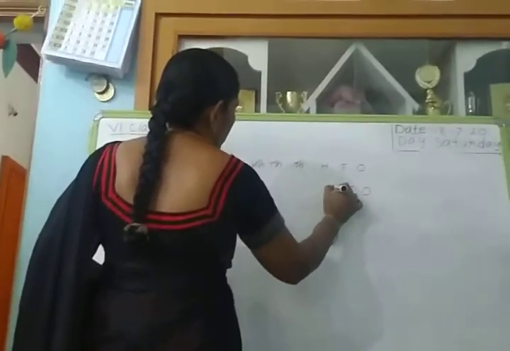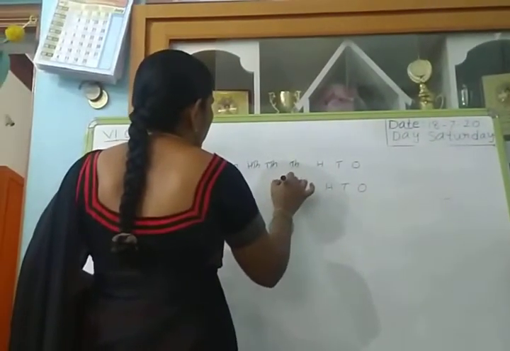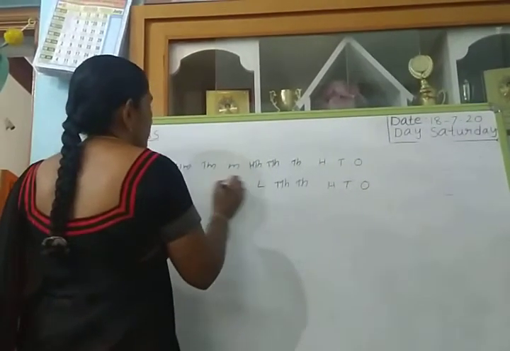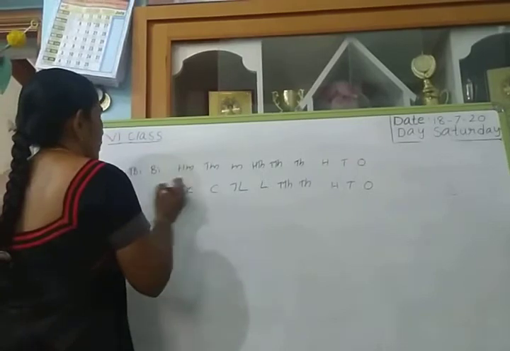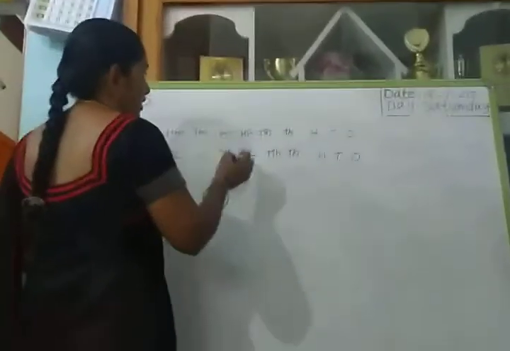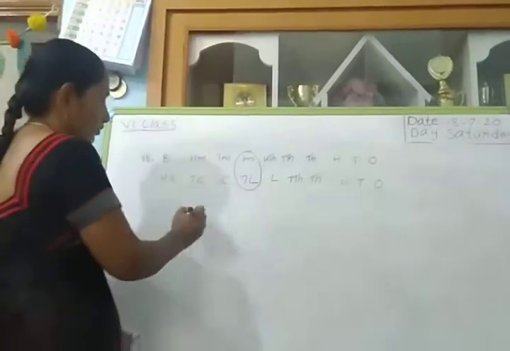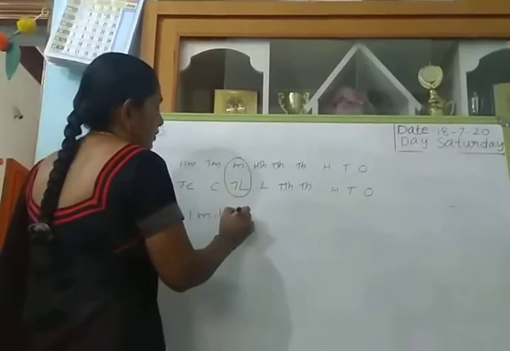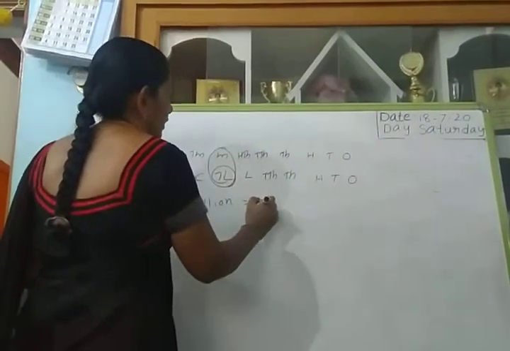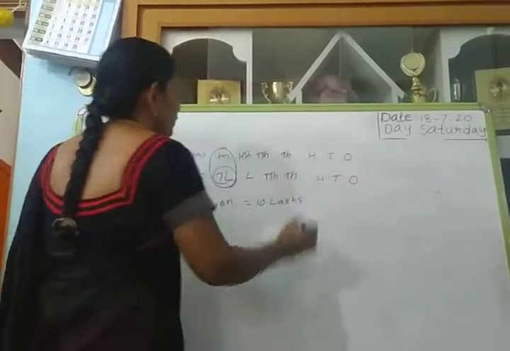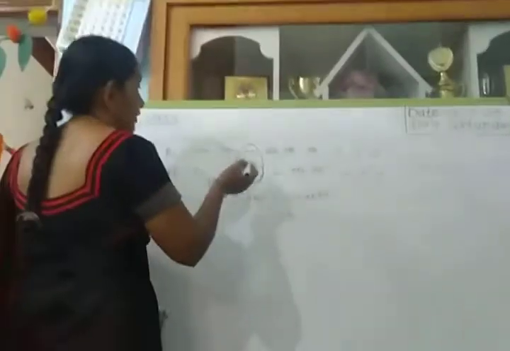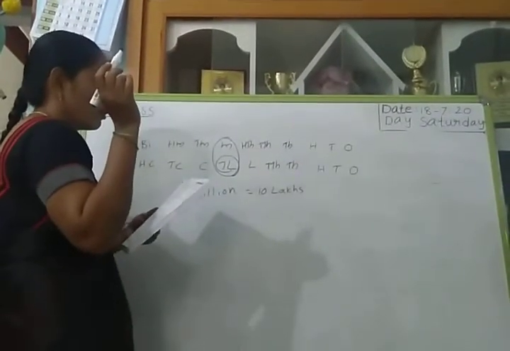In the Indian system: ones, tens, hundreds, thousand, 10,000, after that you will get lakh, 10 lakh, crore, 10 crore, 100 crores. So what they asked: 1 million is equal to what? 1 million is equal to 10 lakhs. So option B is correct. Next, the value of 10 lakhs in the international system.